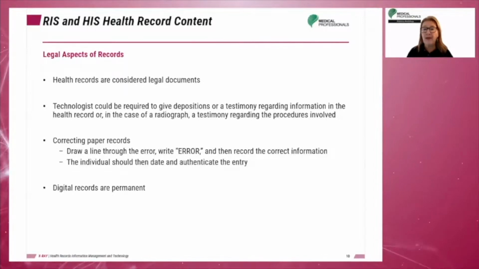The proper method for correcting an error in a paper record is for the author to draw a single line through the error, write error, and then record the correct information. The individual should then date and authenticate the entry.